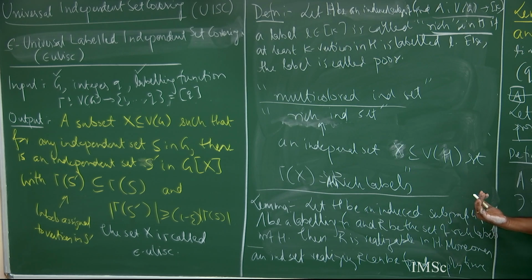So suppose the number of rich labels R in my G is strictly more than 1 minus epsilon times k, the number of rich labels is too large. Then what happens?